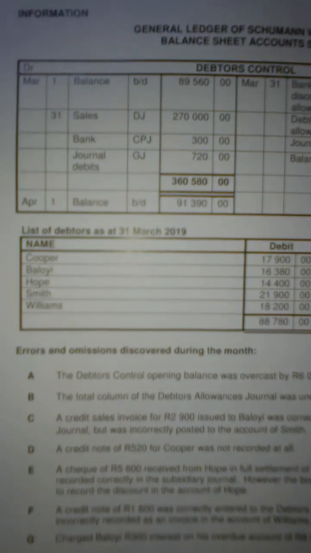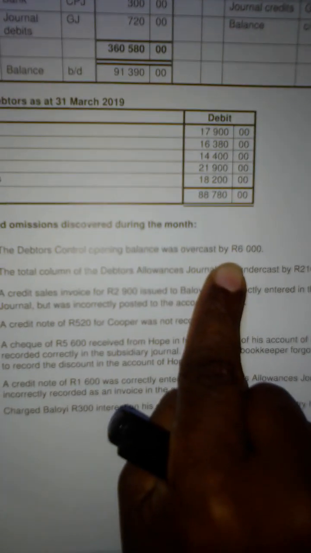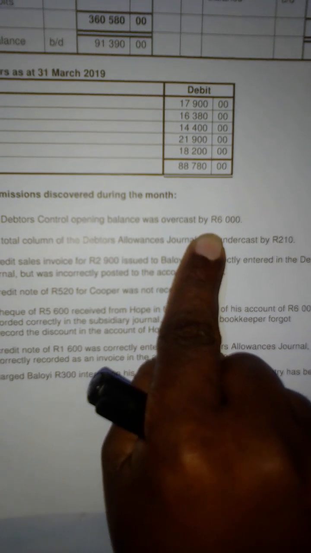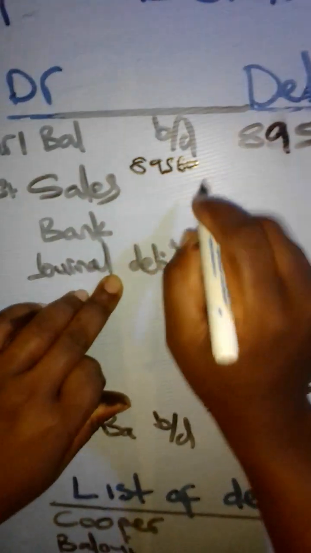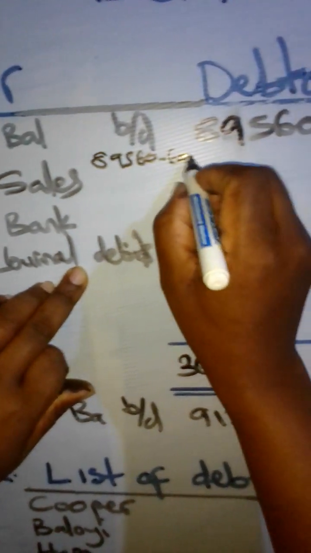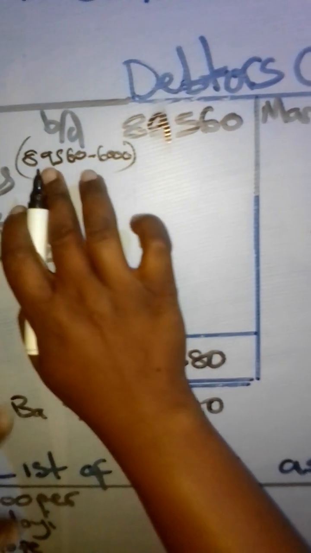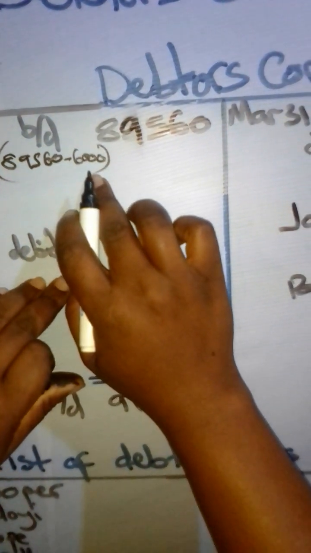Let's start. The first error that we are given is the debtors control opening balance was overcast by 6,000. What does that mean? It means the 89,560 is more by 6,000. So we are supposed to reduce it by the 6,000. Okay, let's do that. 89,560 minus 6,000.